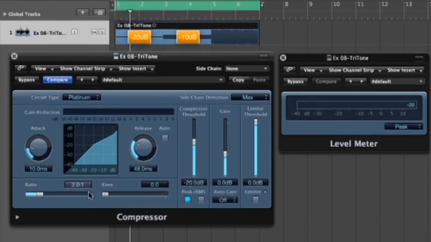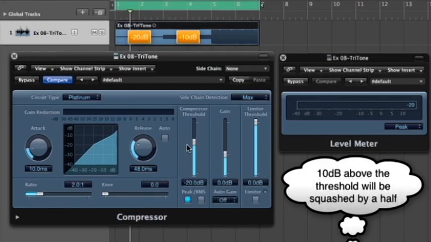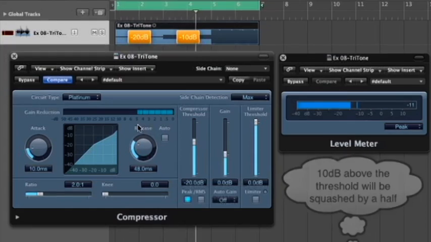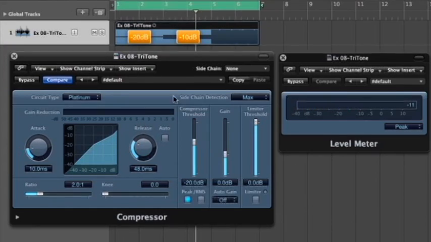And with a ratio of 2-to-1, in other words, 10 dB is coming in over this threshold, 2-to-1, how much gain reduction should we be seeing here? Well, let's test it. No gain reduction, and get ready. There you go, 5. And for extra credit, what's going to happen when we go up here? Another 10 dB. How much gain reduction is going to be? Check it out.